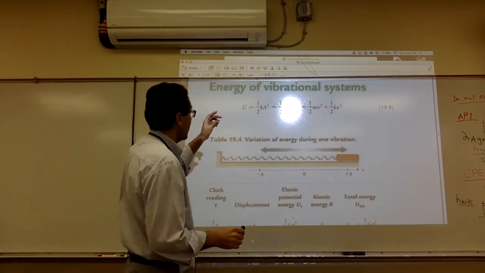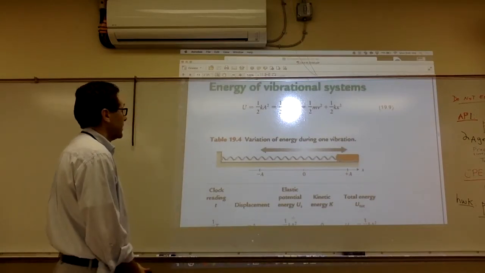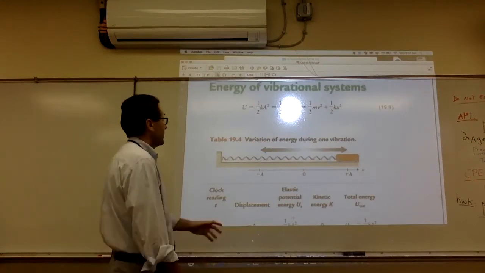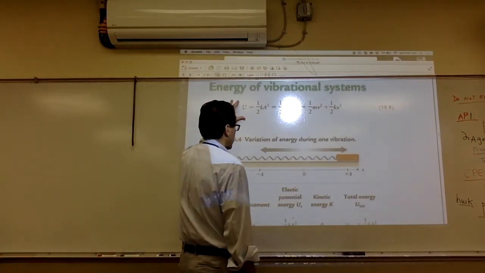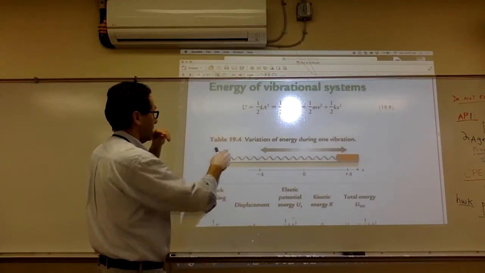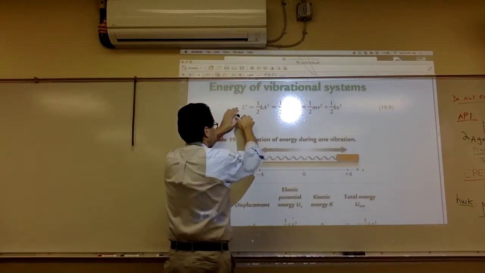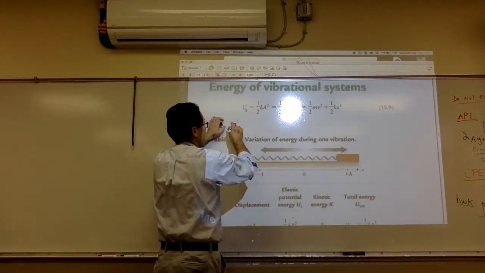All right, I'm going to continue with the simple harmonic motion from page 13, and then we're going to talk about the energy stored in the spring, or the energy of the whole system, including the object. Now here, this is elastic potential energy, that's energy in the spring.